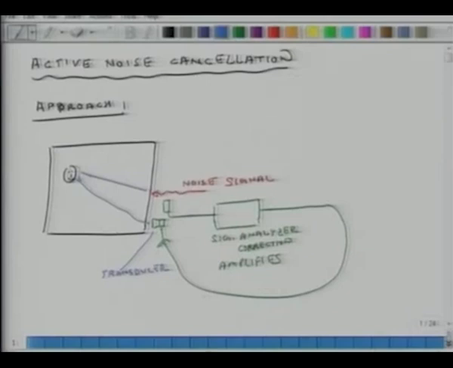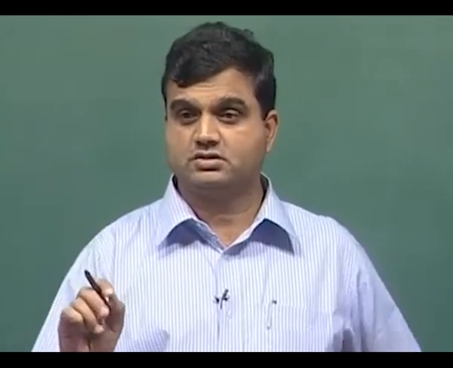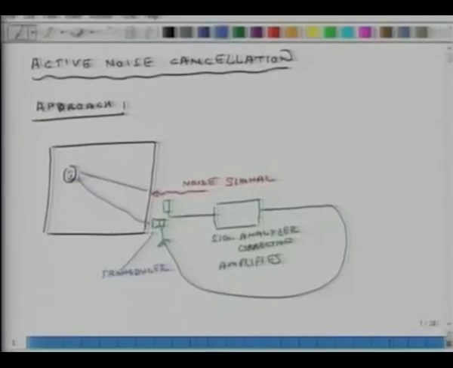So there is a delta t in this whole process. Also, the location of the transducer is not identical to the location of the noise source. Because of that physical separation of distance, there is also a phase lag. So the corrective signal reaches the human ear maybe delta t seconds later than the original signal. That has implications for how much noise really gets cancelled.